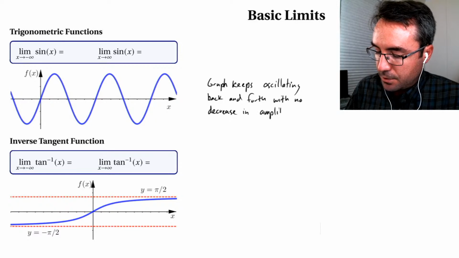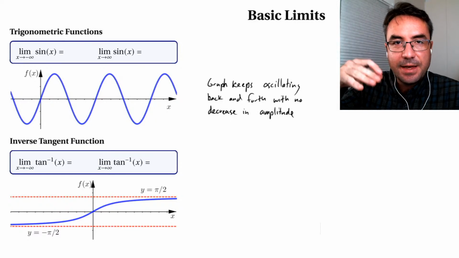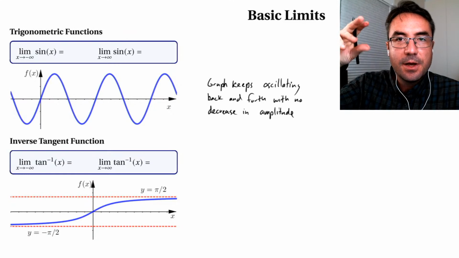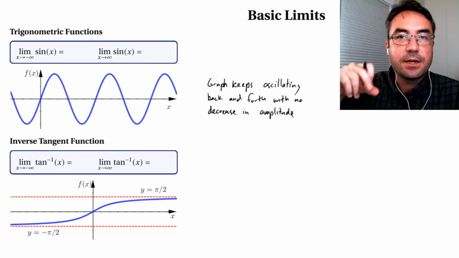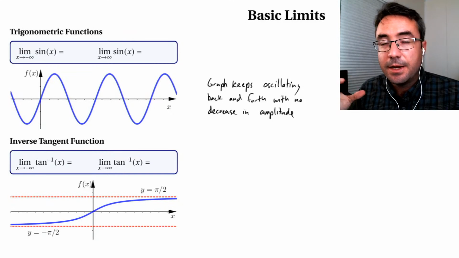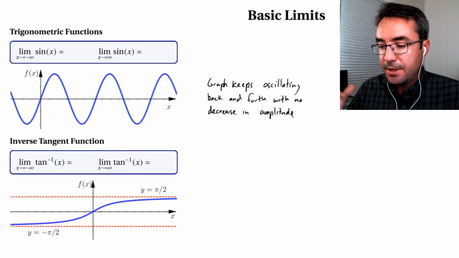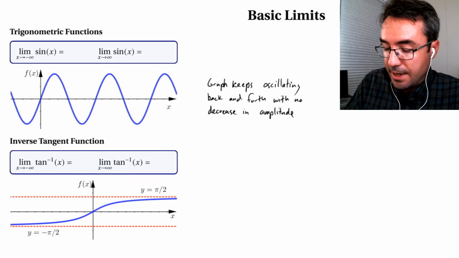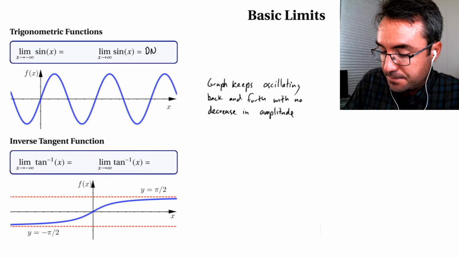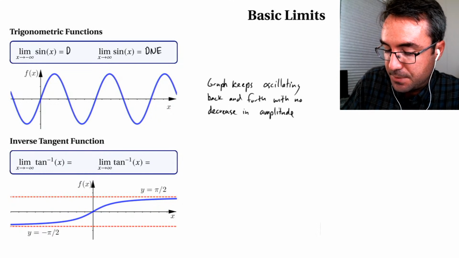We had that graph earlier on where we did have that back and forth behavior, but over time the height of our curve was decreasing and it was getting closer to that line y = 1. Here we don't have that decrease. And so we say that the limit, whether we move to the right or to the left, does not exist. So DNE, does not exist.